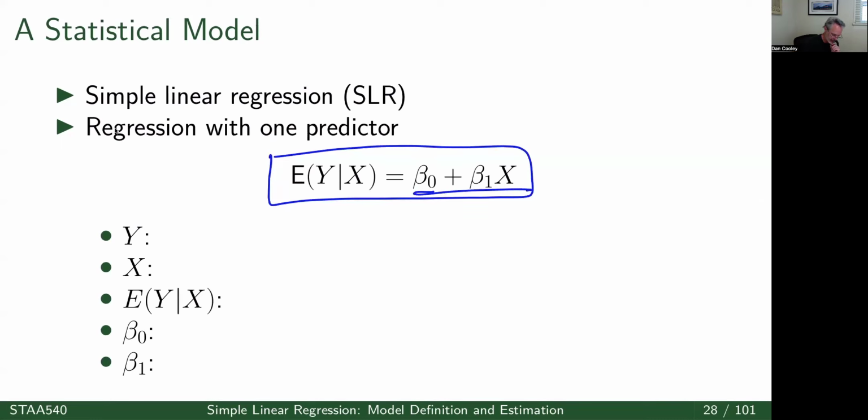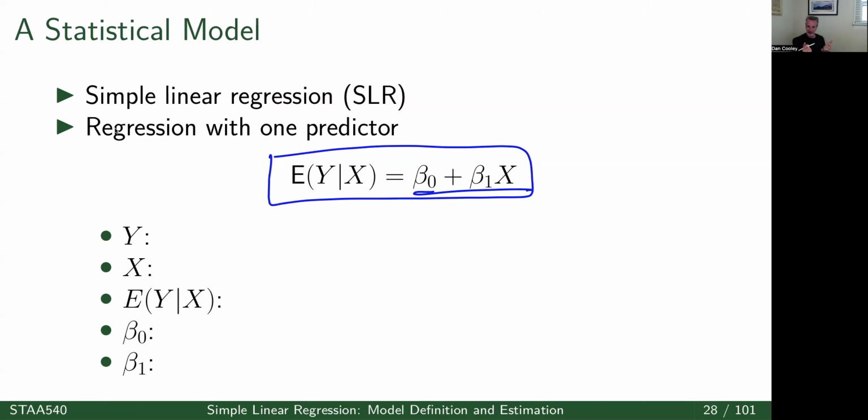Now this is saying the expected value of y given x. When I defined the Gauss-Markov simple linear model, I said we're going to assume that the x's are fixed, that they are observed, and there is nothing random about the x's. This is essentially saying the same thing.